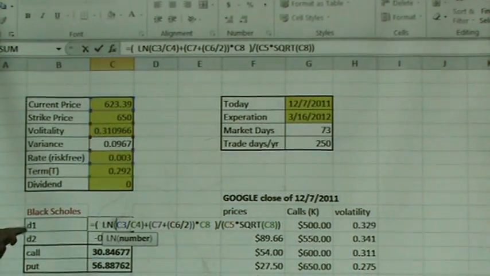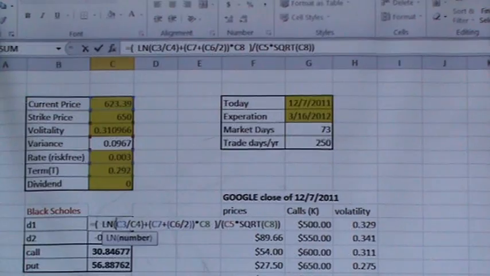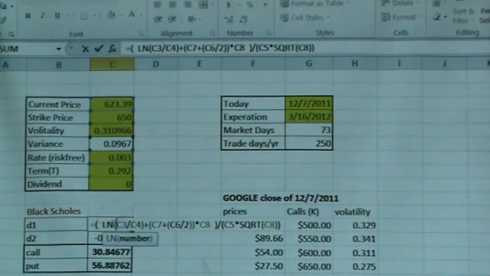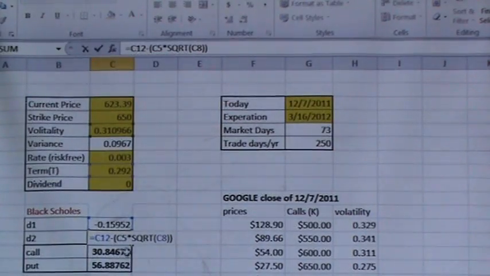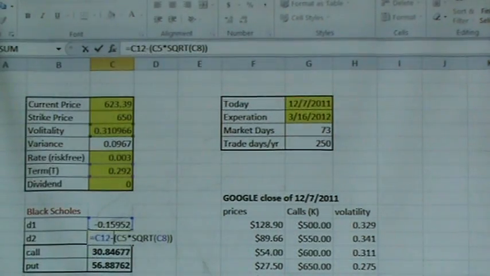So that was our term 1, and then our term 2, D2, was D1 minus the volatility times the square root of the remaining time.